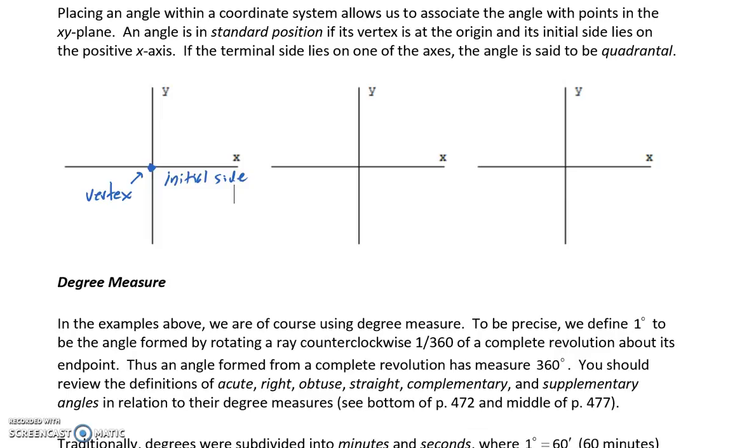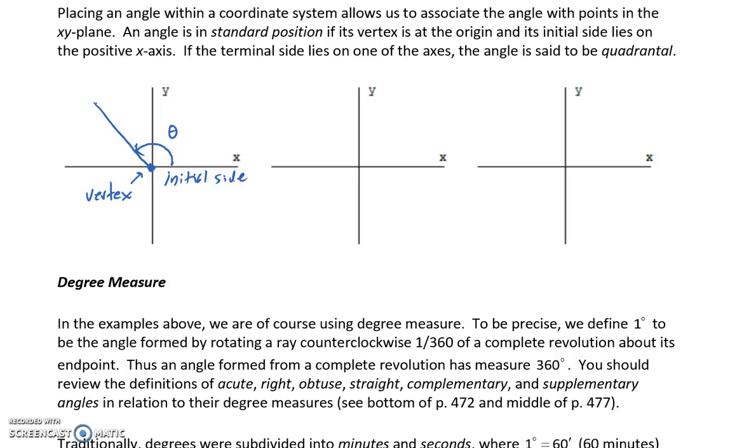So you have your initial side, you have your vertex at the origin, and then you have an angle. So you kind of sweep that ray through the xy plane, and let's say it kind of ends up here. Okay, so that would be the terminal side of our angle, and let's say that we generated this with a counterclockwise rotation, as shown like so. And so let's call this angle theta.